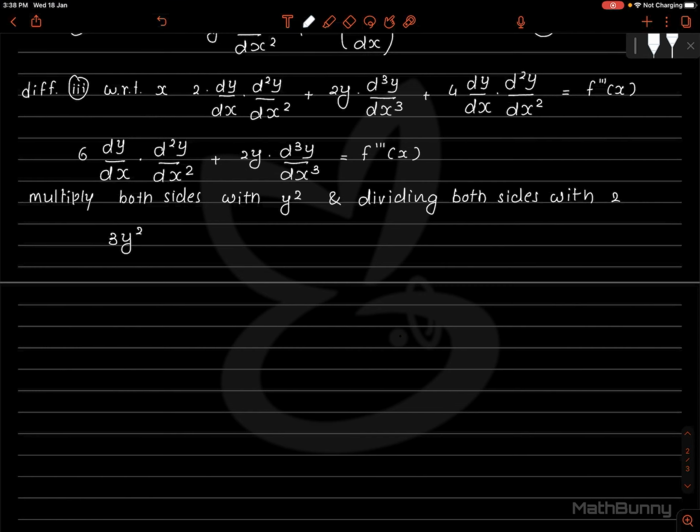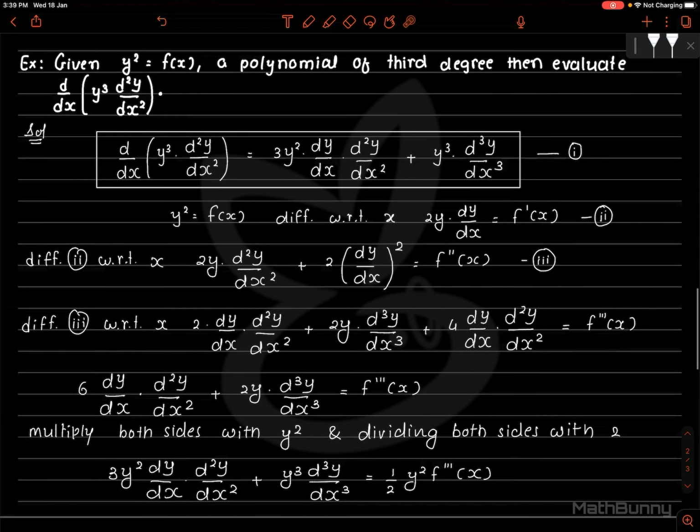We will get 3y square dy upon dx into d square y upon dx square plus y cube d cube y upon dx cube is equal to half of y square f triple dash of x, which is exactly equal to what?